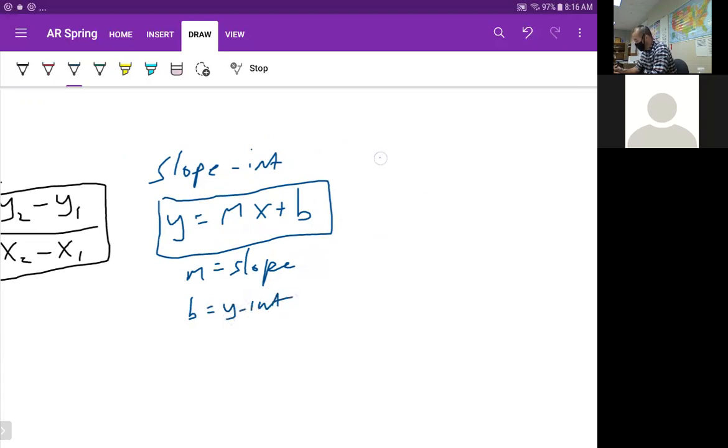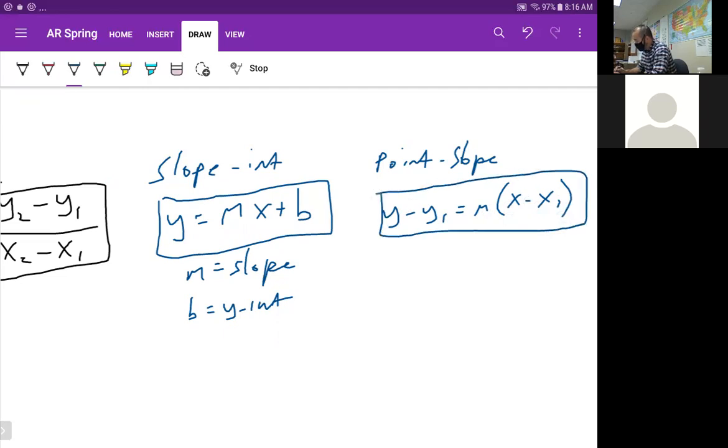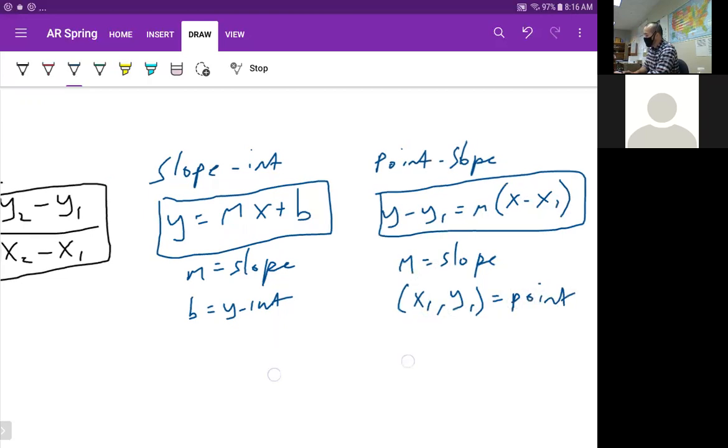And then you also have point-slope form, which is y minus y1 equals m times x minus x1. m is the slope, and x1, y1 is a point. Any point on this line will work for that one.